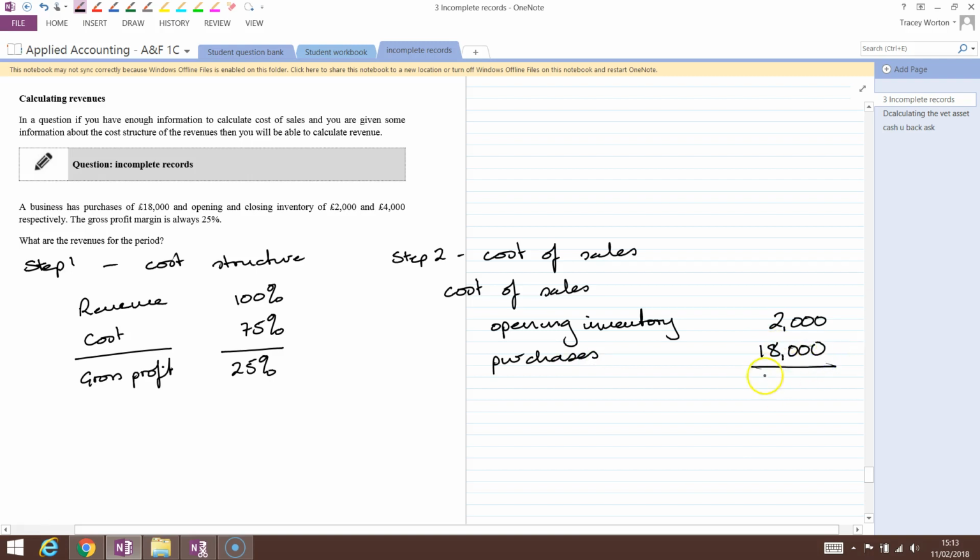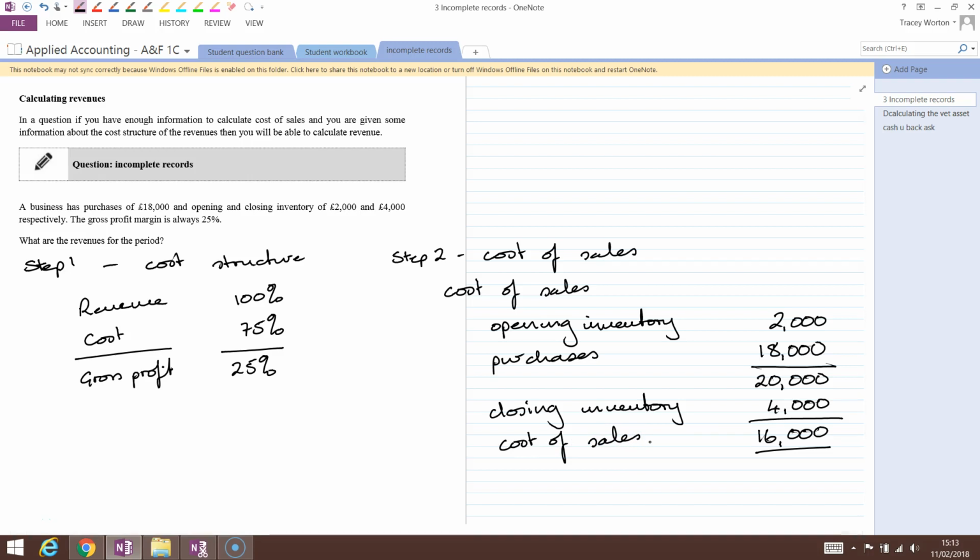So available to sell items is 20,000, and then deduct from that the closing inventory, which again we're given in the question as 4,000. So our cost of sales would be £16,000. So remember, this is cost of sales.